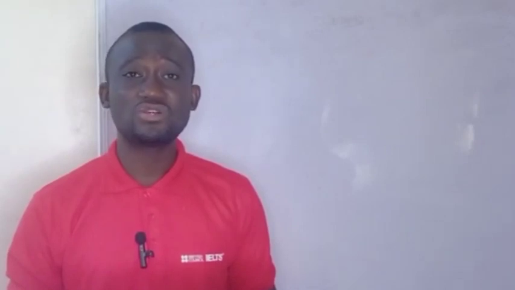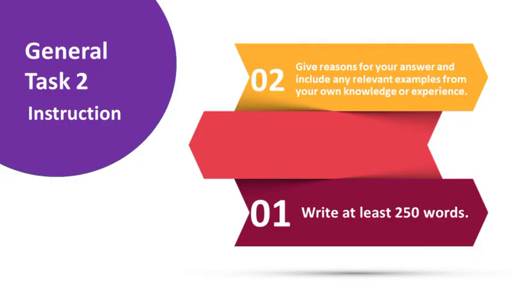We look at task 2 instruction. The first instruction is write at least 250 words. I've said this many times that when you are expected to write at least a number of words, it means you can't write less than that number of words.